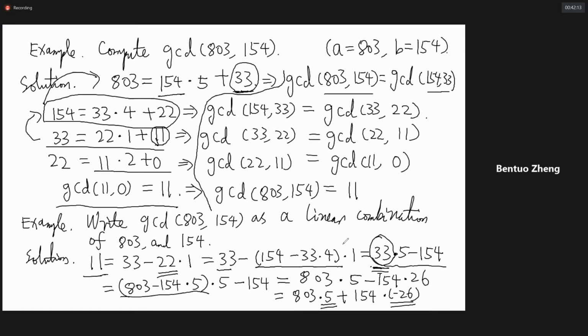So to write the greatest common divisor of two integers as a linear combination of these two integers, you first have to follow the Euclidean algorithm to find out the greatest common divisor. Then you go backward to write the greatest common divisor as a linear combination of the two numbers.